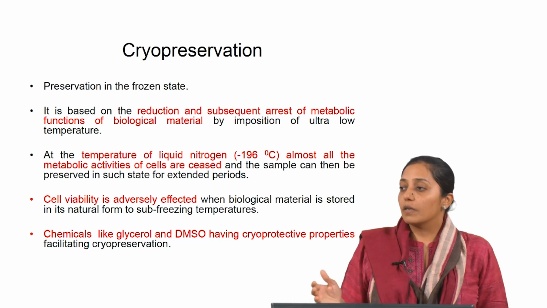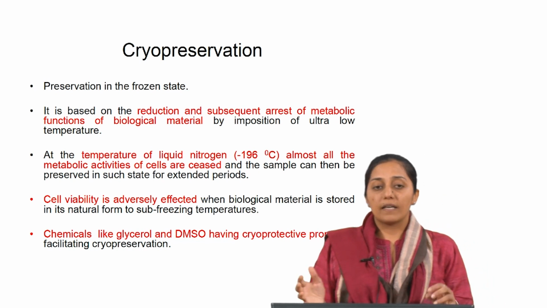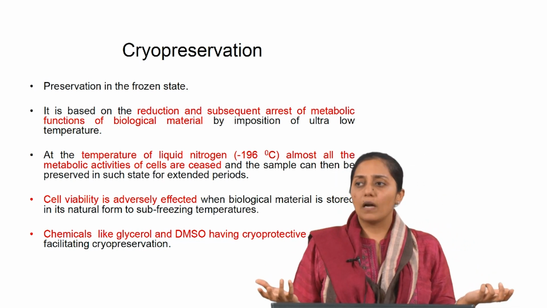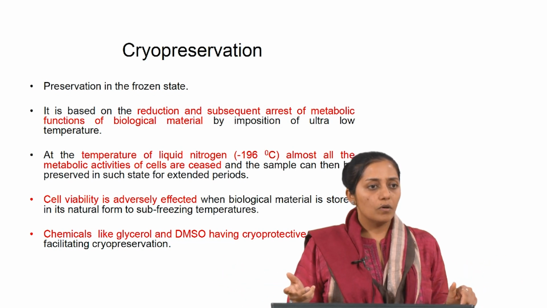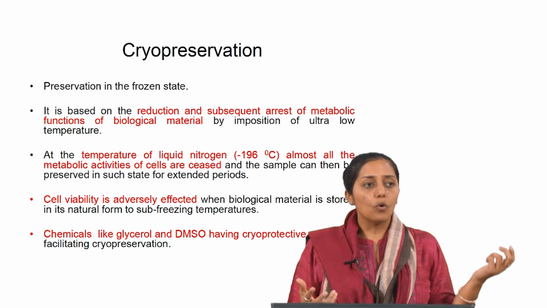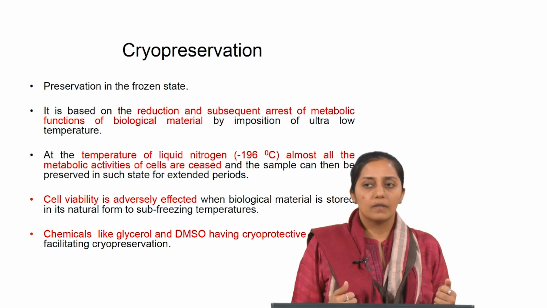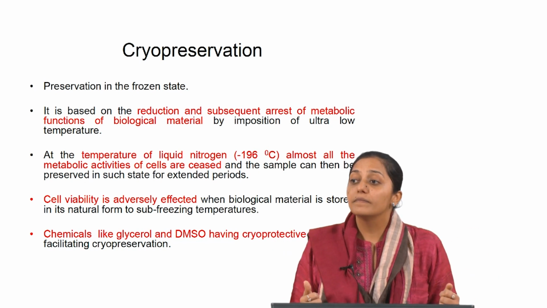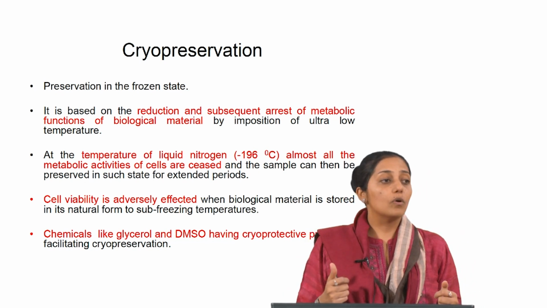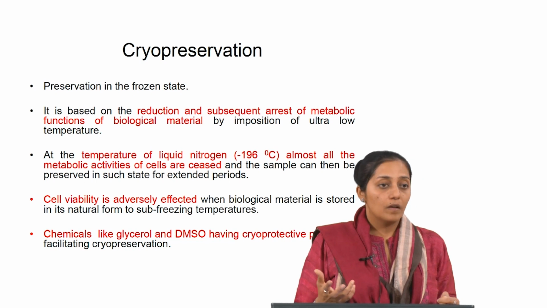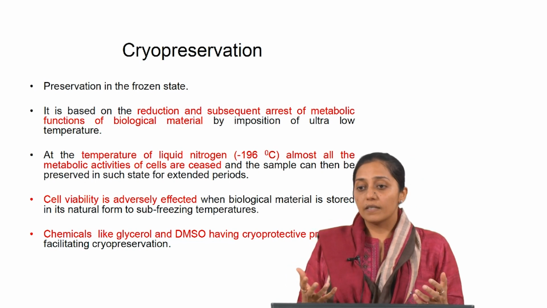Now what are cryoprotectants? In nature also, plants must have them, because plants cannot move, isn't it? So in extreme cold countries, how do plants manage? That process is called cold acclimation. So what does it mean?